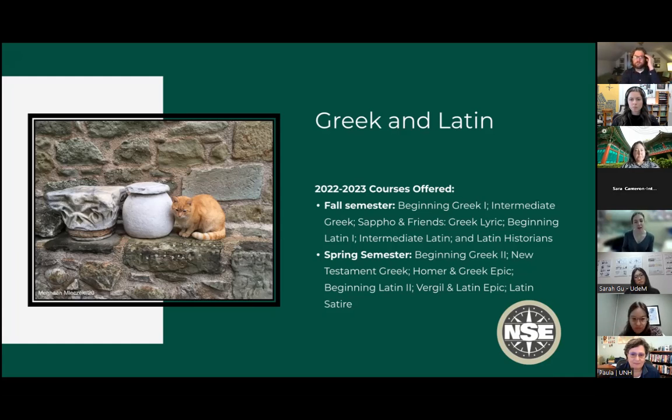So you can see languages do tend to be in sequential order, with each level being broken into a level 1 or beginning part 1 and then beginning part 2, with the part 1s typically offered in the fall semester and the part 2s of a language in our spring semester. So depending on what level you are, that might determine which semester would be best for you to join us. Next slide, please.